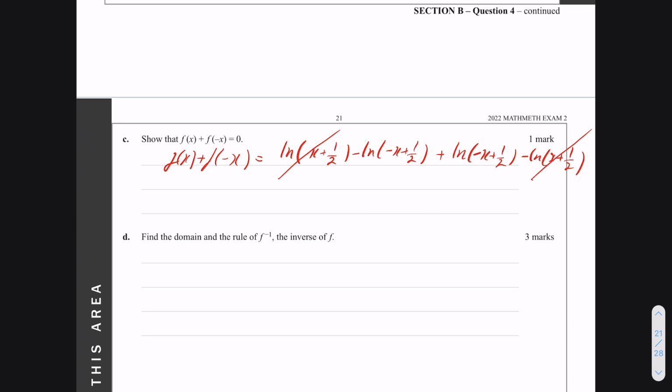And that cancels, that and that cancel, which equals 0.